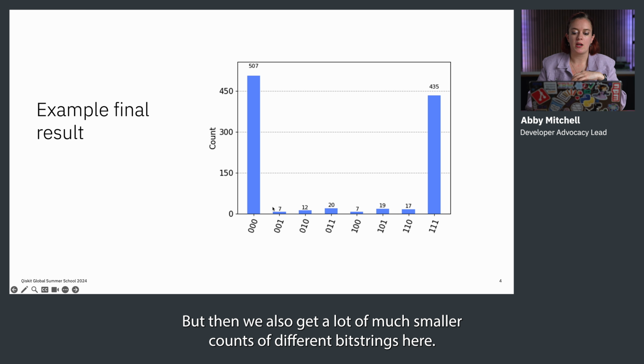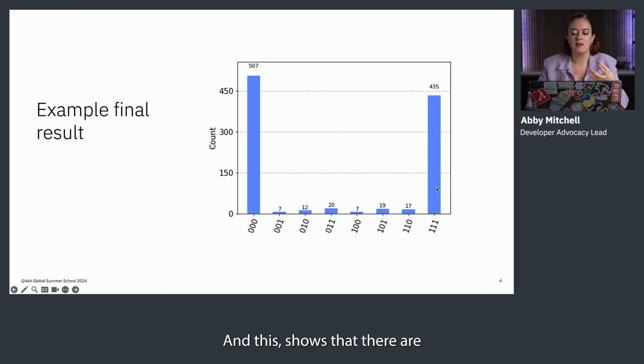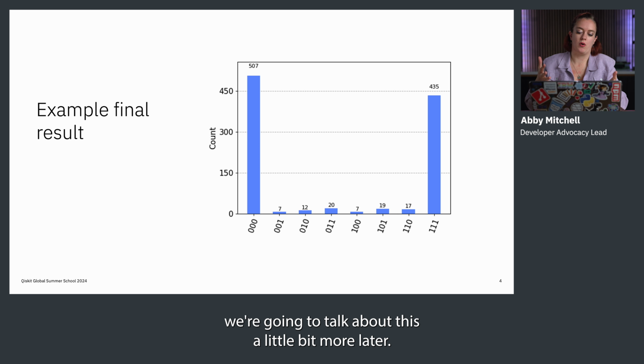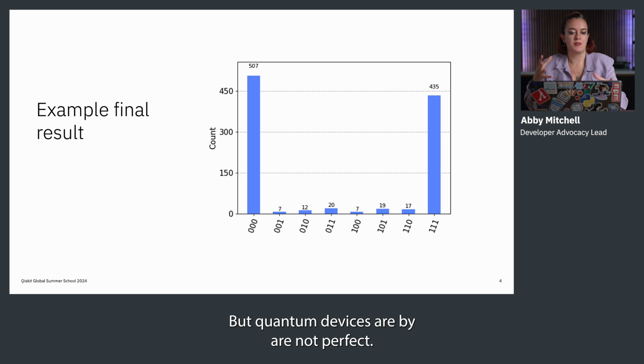But then we also get a lot of much smaller counts of different bit strings here. And this shows that there are some errors on the quantum device. We're going to talk about this a little bit more later, but quantum devices are not perfect.